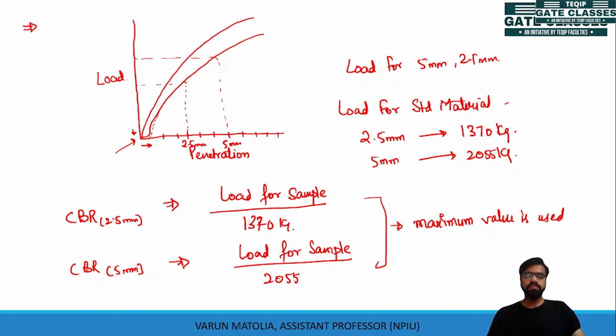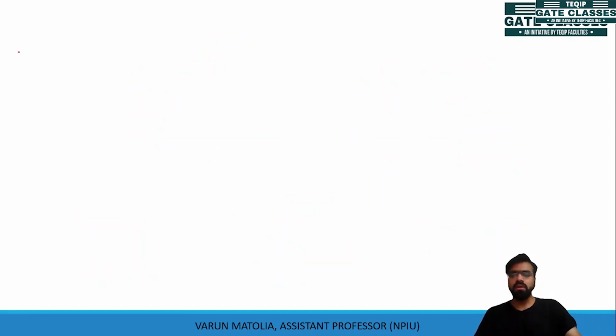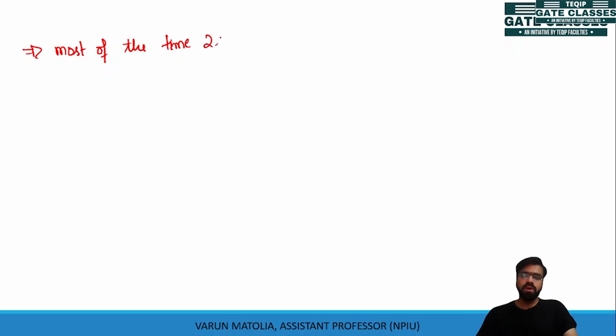Most of the time, 2.5 mm settlement gives you the maximum CBR.